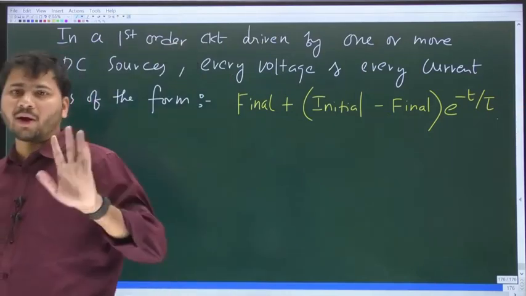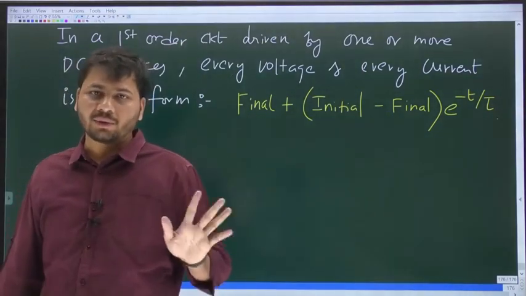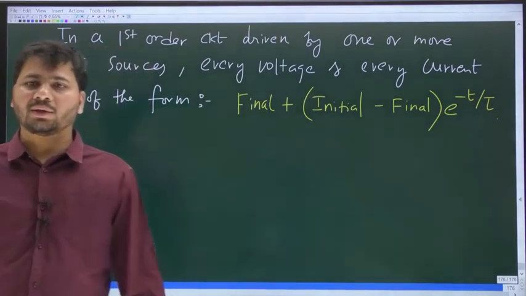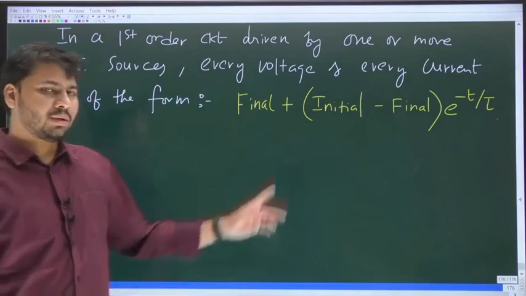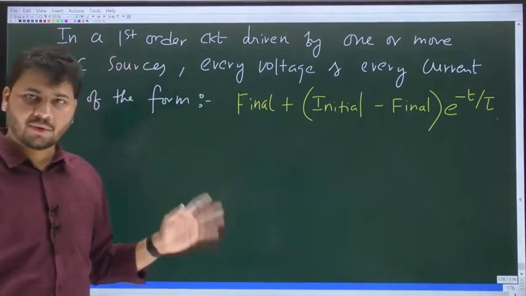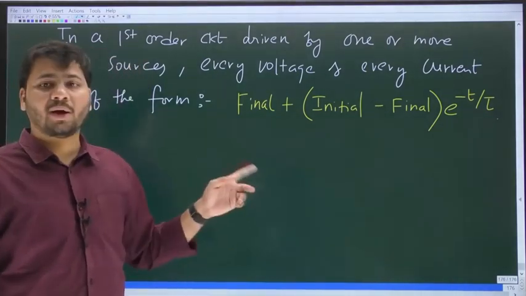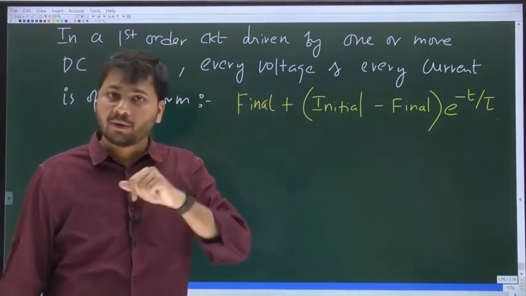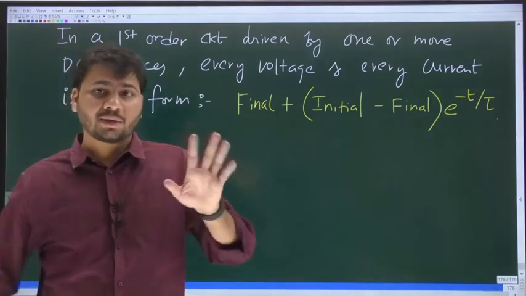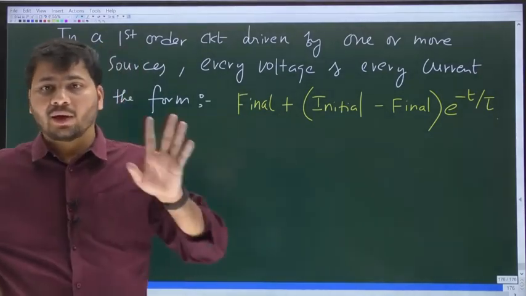This is the only formula that we'll be using throughout our discussion on first order circuits. Let me read this out. This formula is applicable for every voltage and every current. When I say every voltage and every current, not just the voltage across the cap or the current through the inductor.